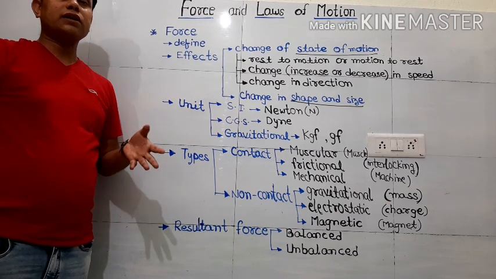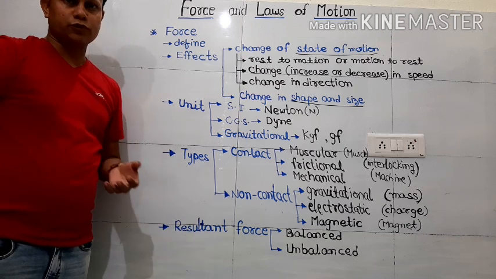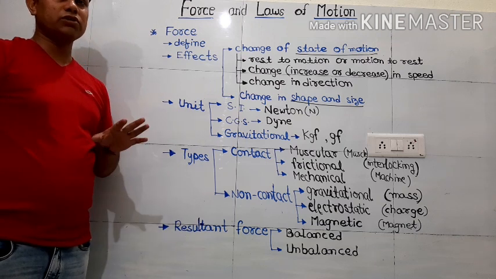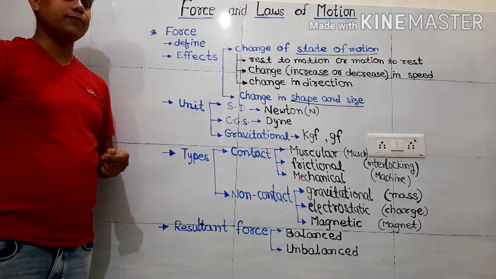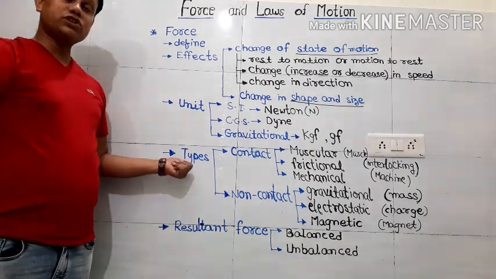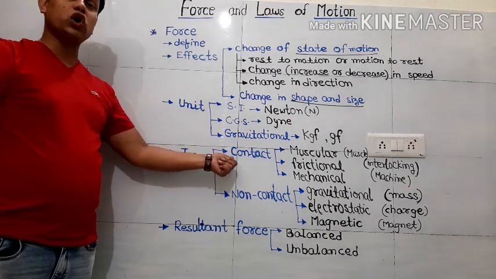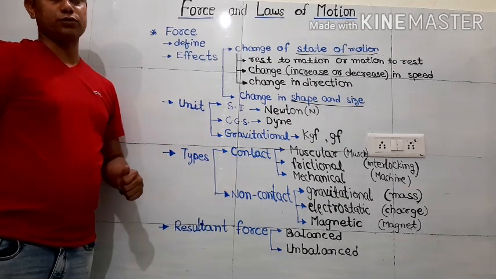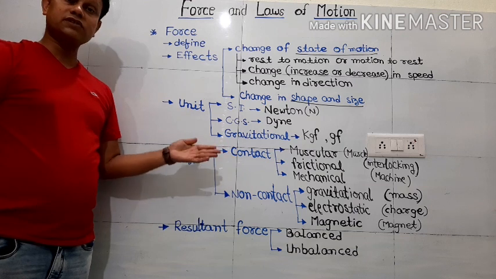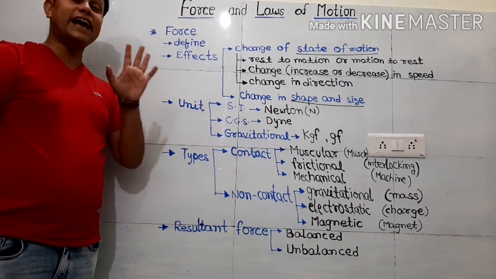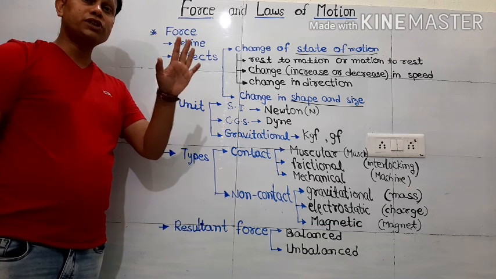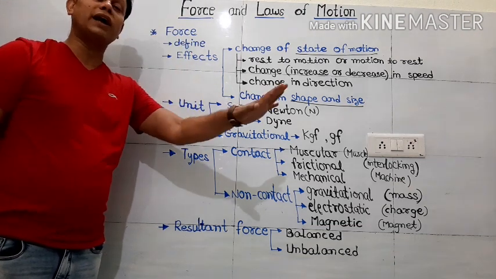Now we are going to understand the types of forces which exist in nature. We cannot talk about all types of forces present in nature right now, but some of the forces which you can observe in your life, we are going to understand. The types of force are broadly categorized under 2 categories: contact and non-contact forces. By the name itself it's clear that contact force needs contact with the object on which it has to be applied.